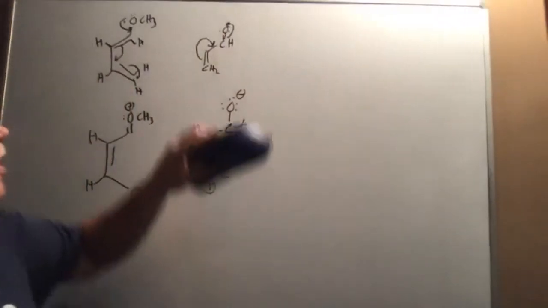I'm going to give you a Diels-Alder reaction, and I'm probably going to give you one of each one of these. I'm going to give you the reactants, and you're going to predict the product. Then I'm going to give you the product, and you're going to predict the reactants. Okay, so let's look at both of those. So here's a question on the test. This would be a typical test question for a Diels-Alder reaction.